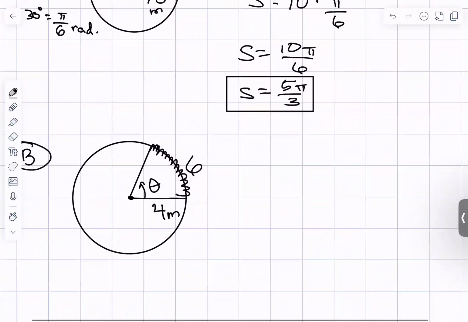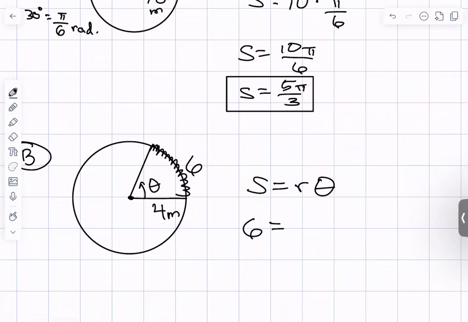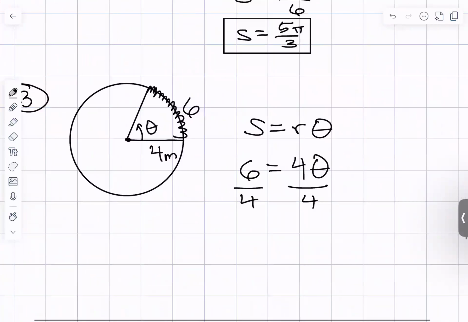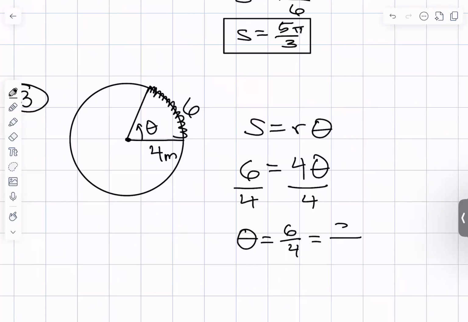So remember, S is equal to r theta. So 6 is equal to 4 theta, divided by 4, divided by 4. Your theta is equal to 6 over 4, or that would be 3 halves.